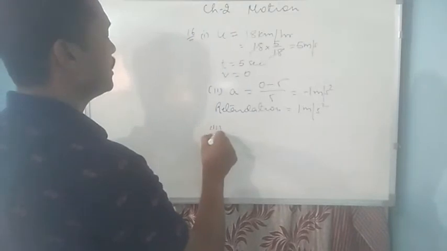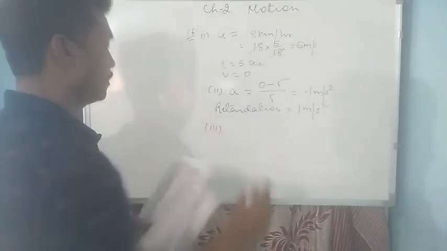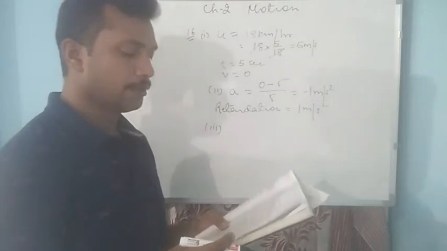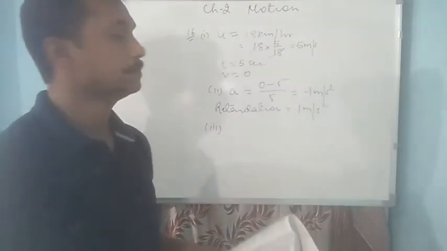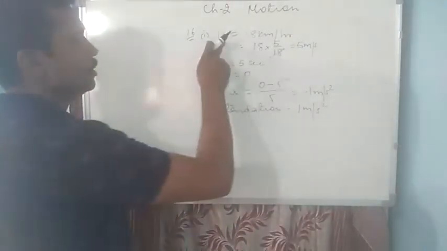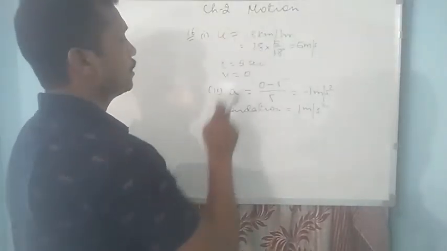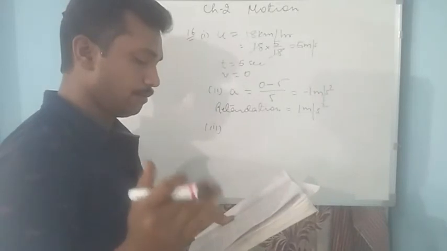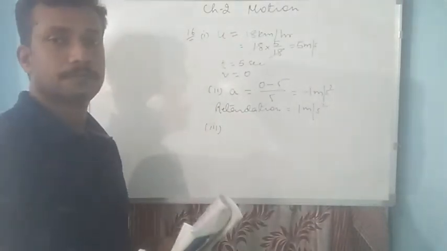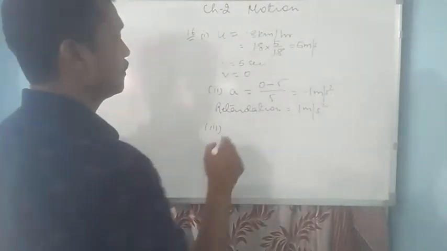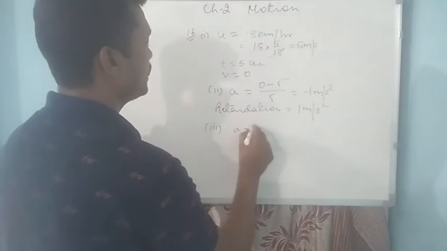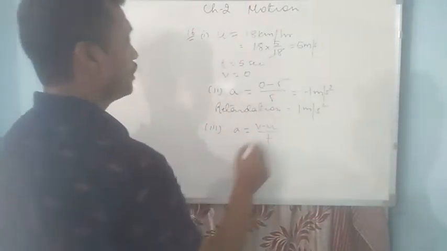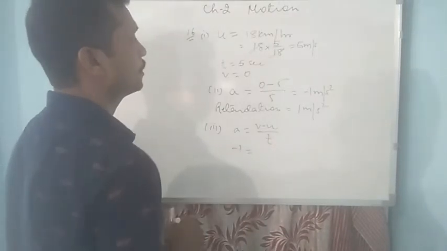Coming to number 3, the speed of the car after 2 seconds of applying the brakes. So you can see u is given already. Now this time will be 2 seconds and you have to find out the value of v, that is final velocity. So a is equal to v minus u divided by t. a we have already got, minus 1.